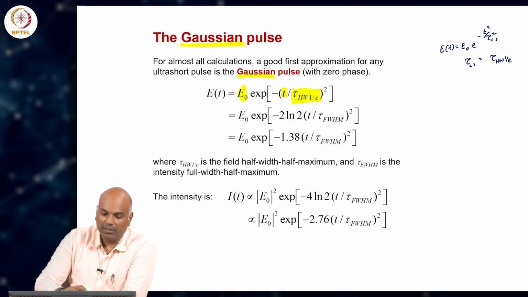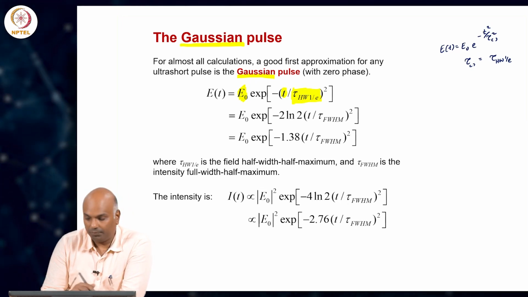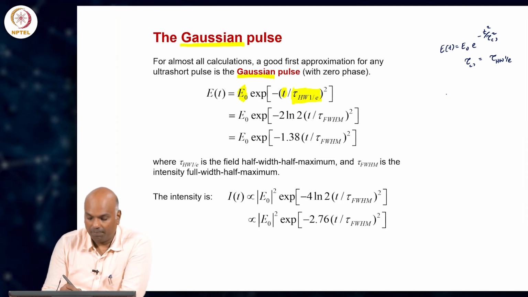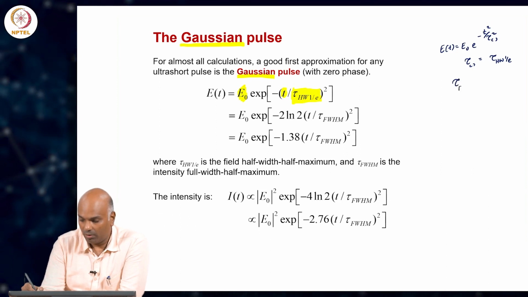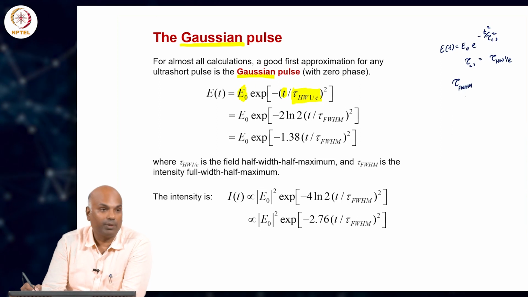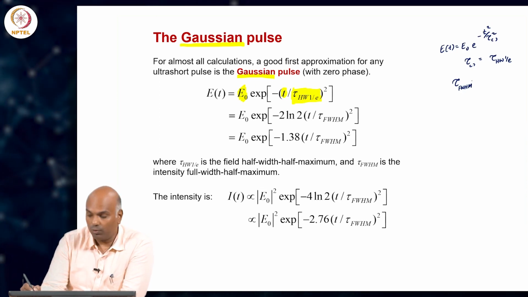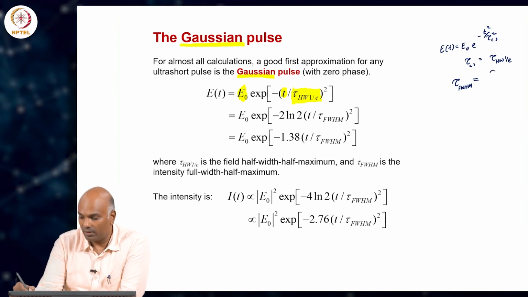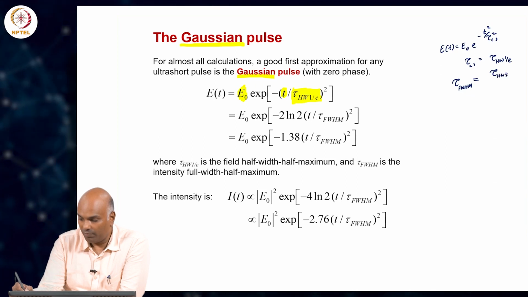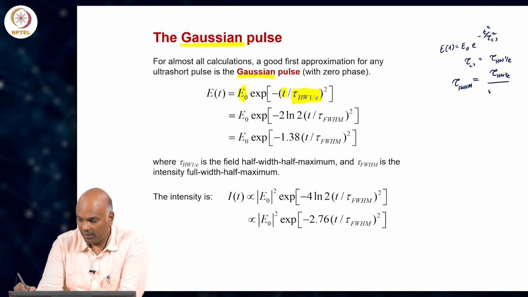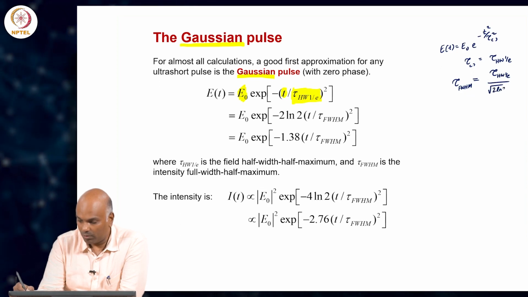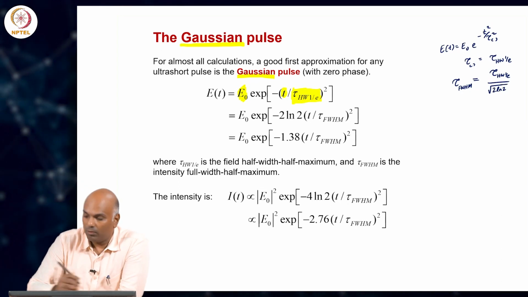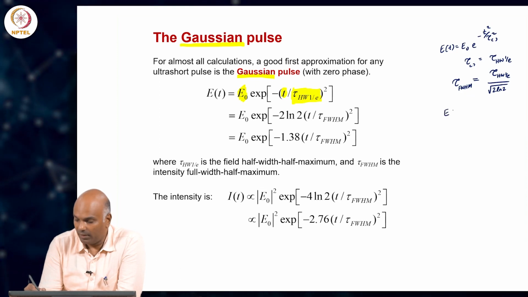Now, keeping this definition consistent, the other factor that is of importance over here, which is tau full width at half max, our favorite measure for widths in this course, which we have used already once, will turn out to be, as in this case, tau half width at 1 over e, multiplied by the square root of 2 log 2. Okay.